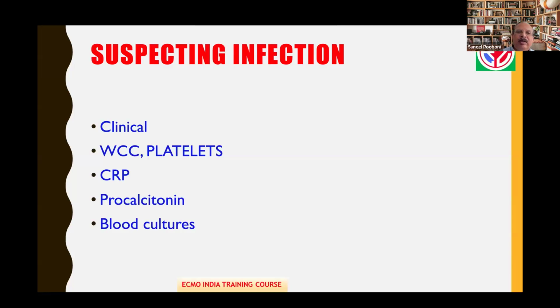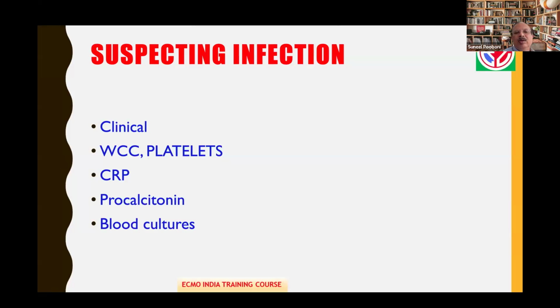If you can find a focus anywhere, the hematological investigations could be a full blood count with white cells, platelets, C-reactive protein, procalcitonin, blood cultures, etc. The white cells, platelets, CRP, procalcitonin, all of them go up in the presence of infection, but also in inflammation. ECMO is an inflammatory process, putting in the lines and everything. So as a result of this, these numbers can also go up to a certain extent.